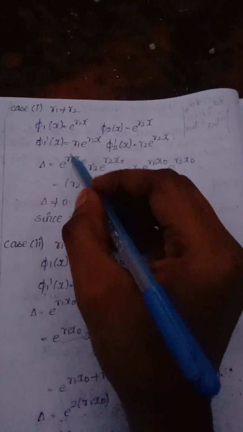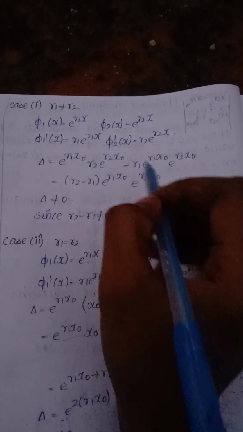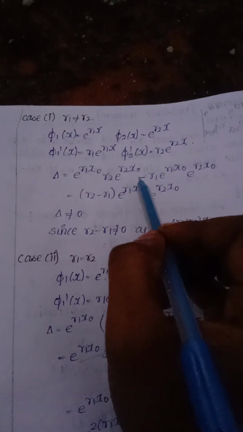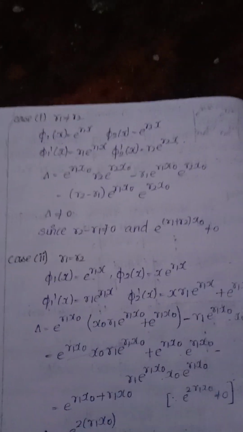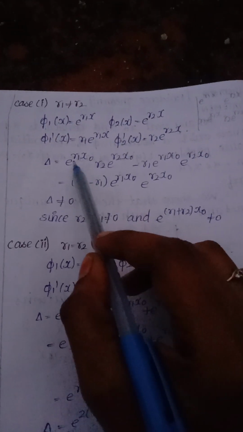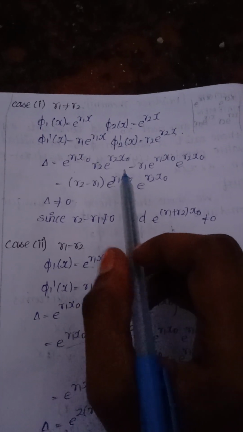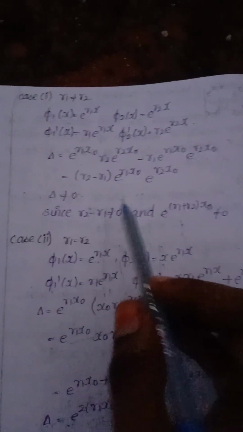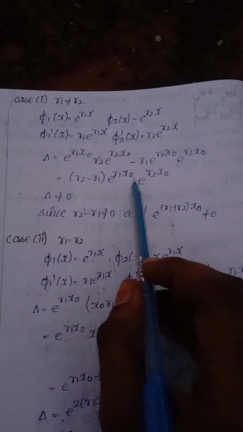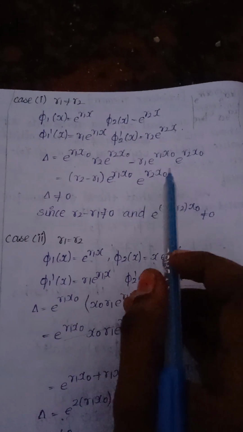So instead of x we have to replace x 0, minus phi 1 dash x 0, phi 2 x 0. So phi 1 dash x 0, phi 2 x 0 is r1 e power r1 x 0 into e power r2 x 0. If we take e power r1 x 0 as common, what we get is r2 minus r1 into e power r1 x 0 into e power r2 x 0.